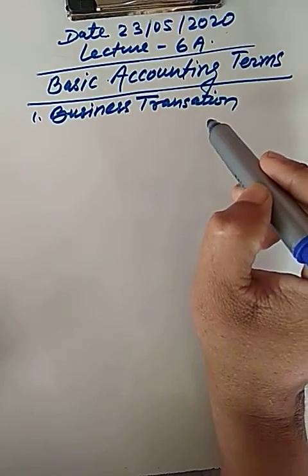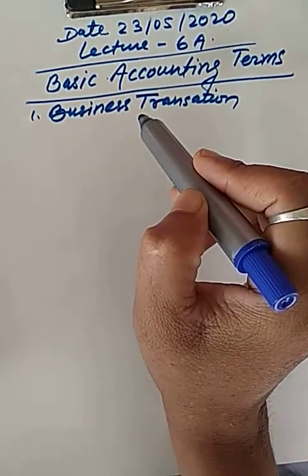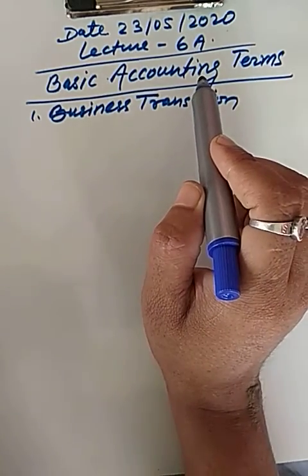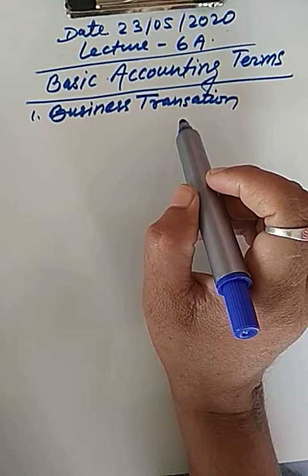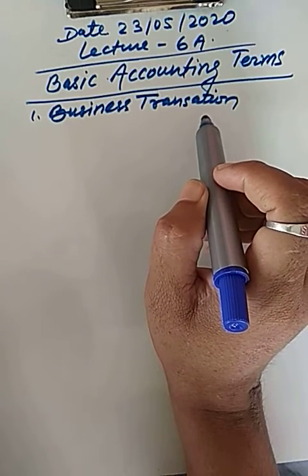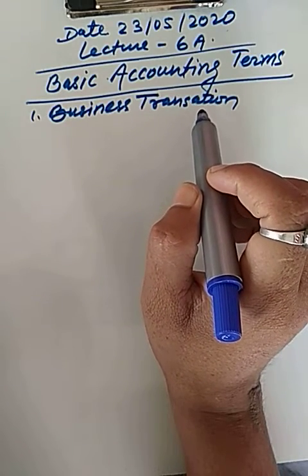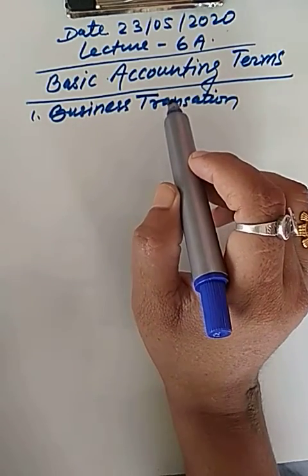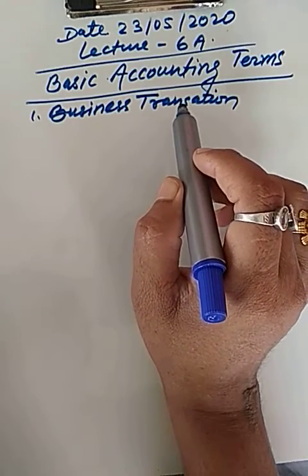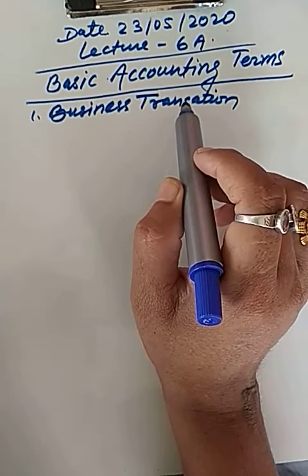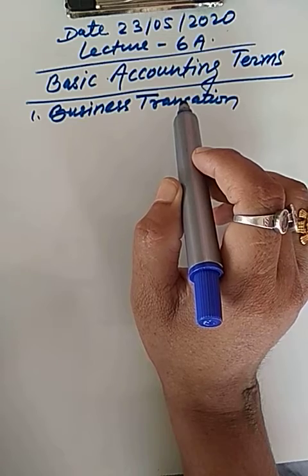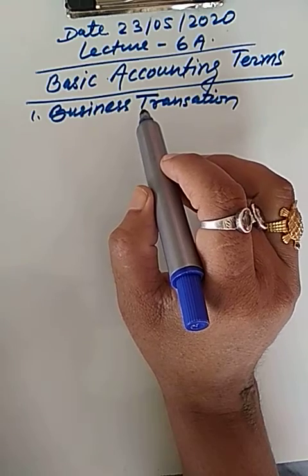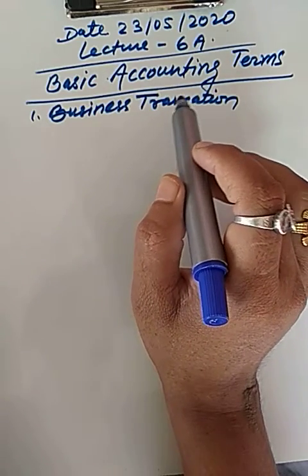A business transaction is an economic activity of the business that changes its financial position. Whenever any business transaction takes place, it results in a change in the value of some of the assets, liabilities, or capital.